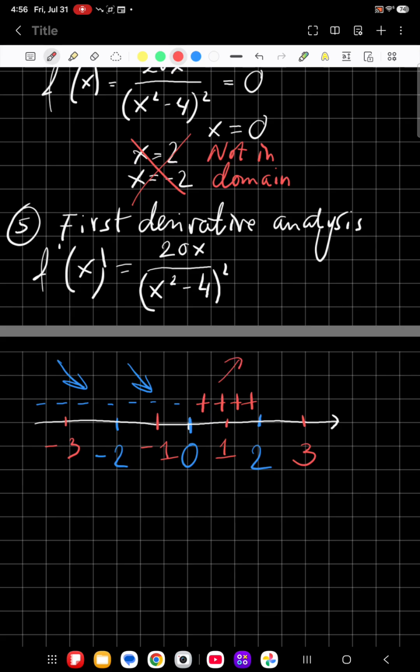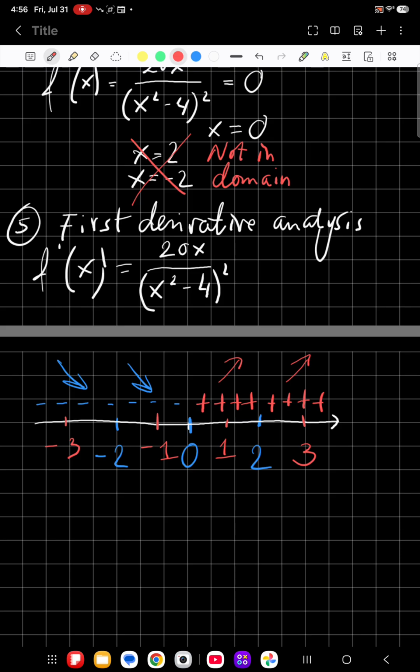And now I'm testing for 3, and the same thing. I didn't even need to test it because I know the bottom is always positive. So this is the situation here. So the function is increasing from -infinity to 0, and then from 0 to positive infinity.